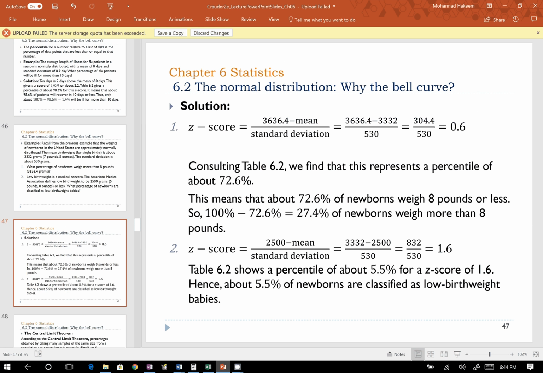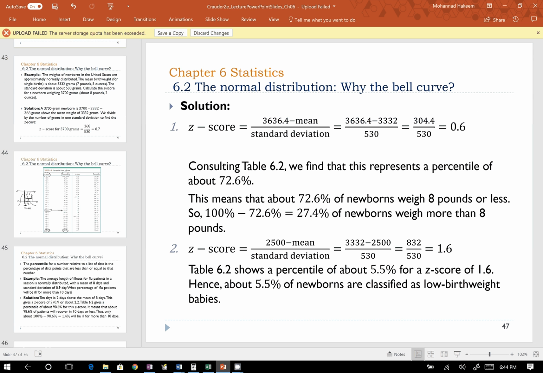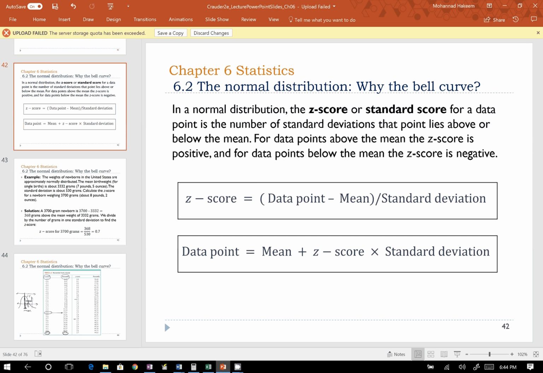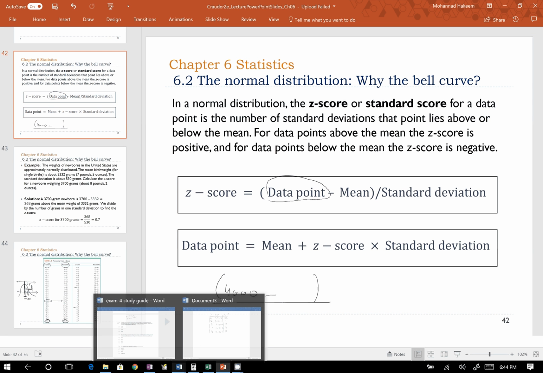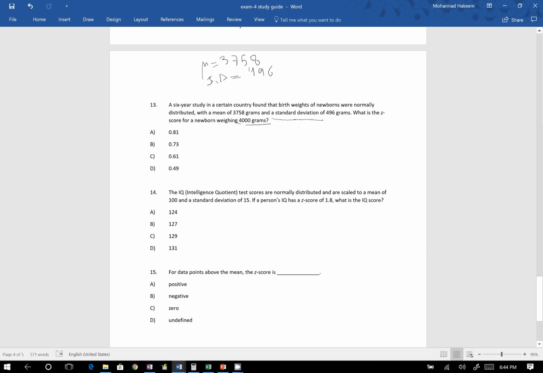This is a problem about the z-score formula. So it's basically the data point, in this case 4,000, minus the mean, divided by the standard deviation. So what was my mean? 3758.